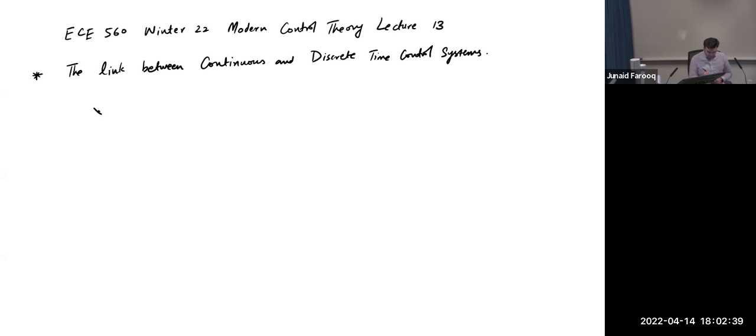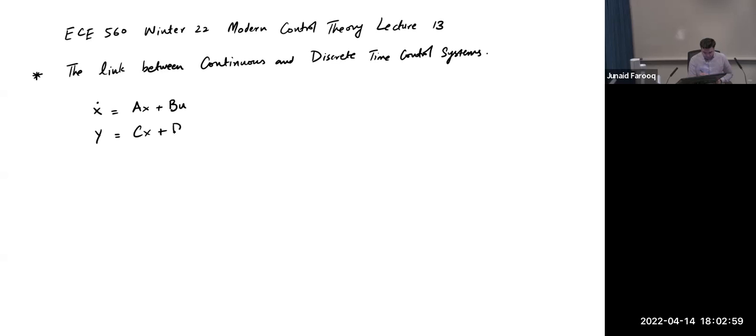So basically what I mean to say is if you have a continuous time system, how do you discretize it? In other words, how will the system matrices be affected as a result of this discretization process?